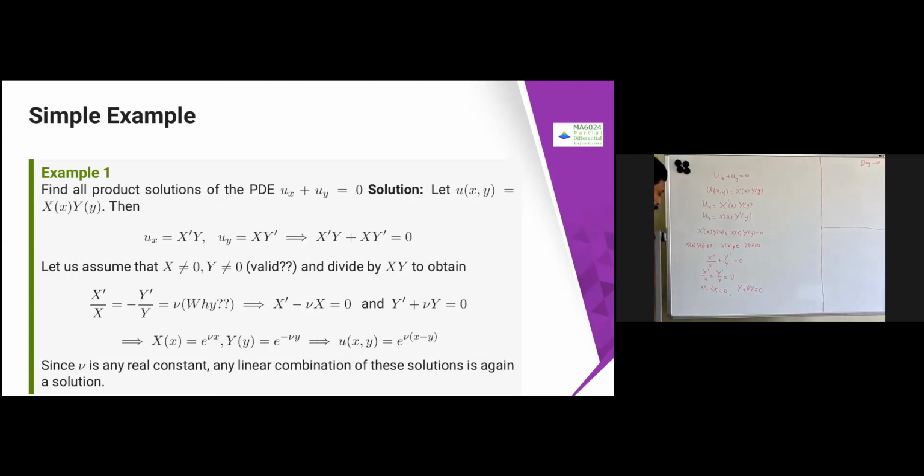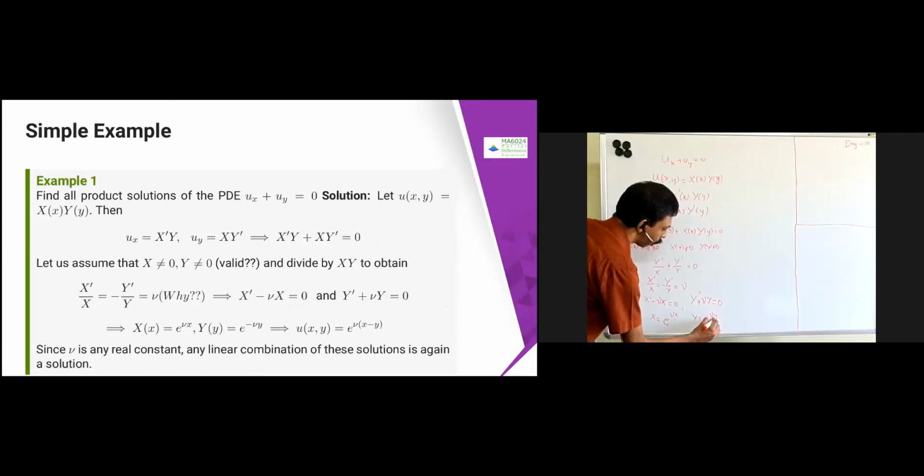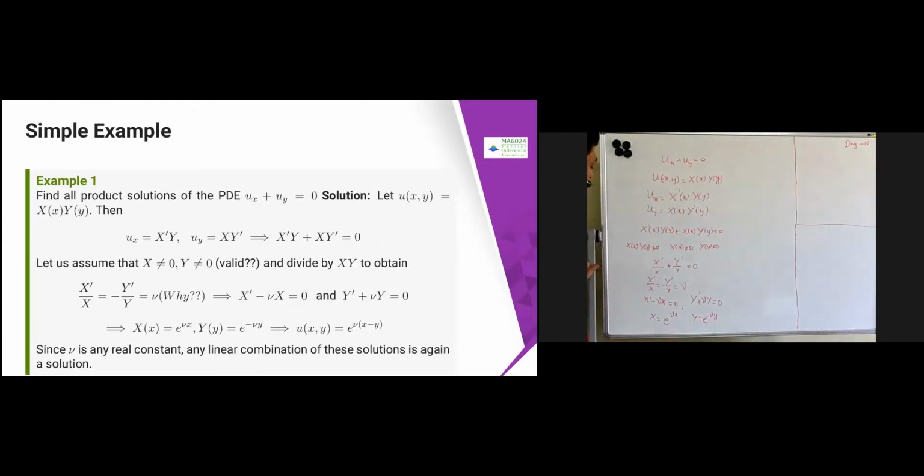Now I can just solve this problem. x dash equal to mu x means x equals e power mu x.